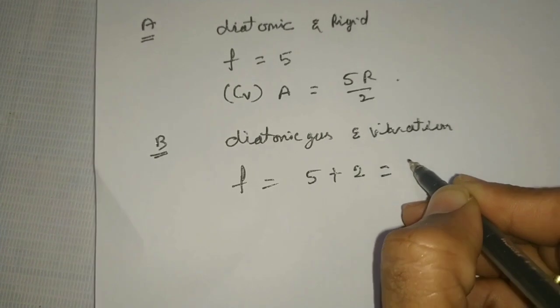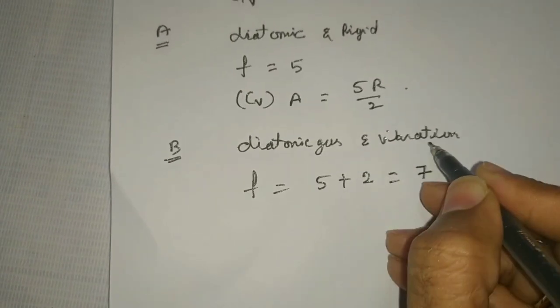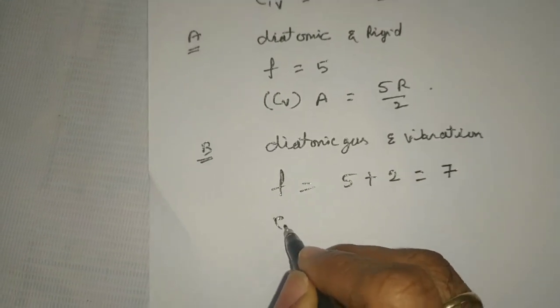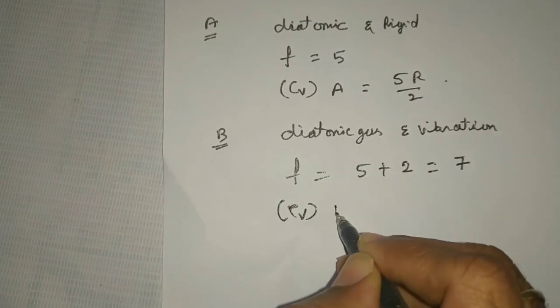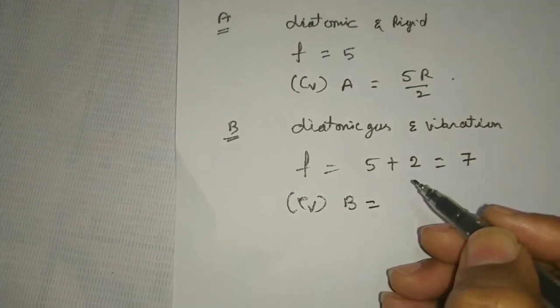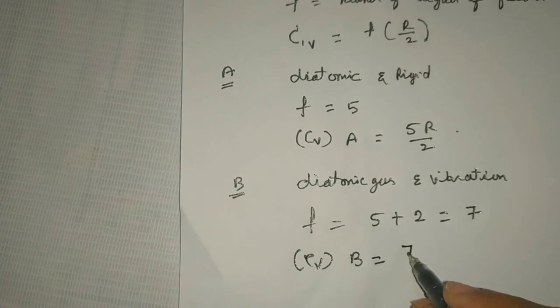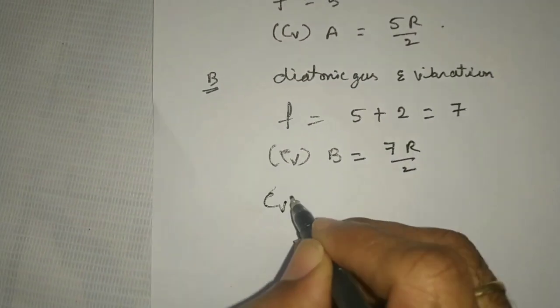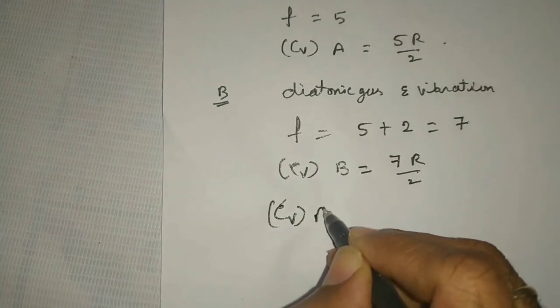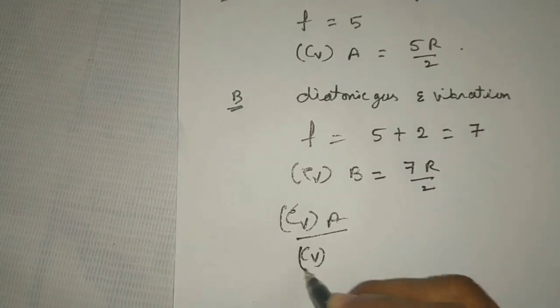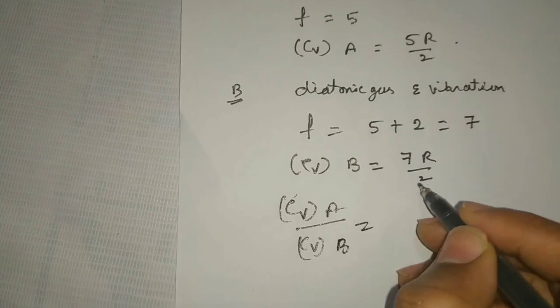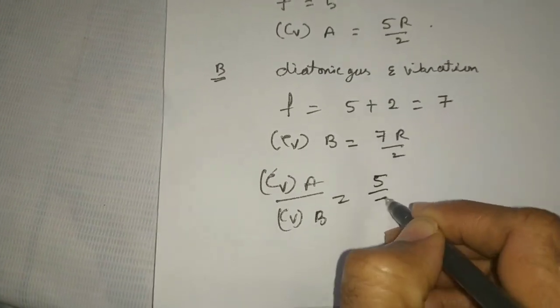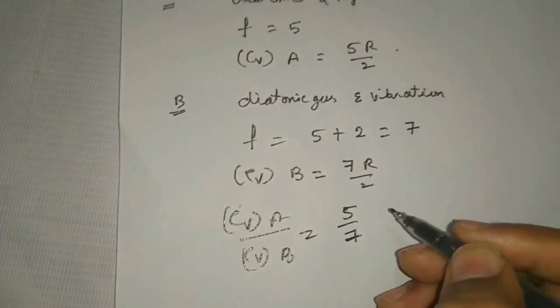So the number of degrees of freedom becomes 7 for diatomic with vibration. Then molar specific heat at constant volume for gas B from the given formula is 7r by 2. Then the ratio of molar specific heat at constant volume for gas A to gas B is equal to 5r by 2 by 7r by 2, that is equal to 5 by 7. So the answer is D.